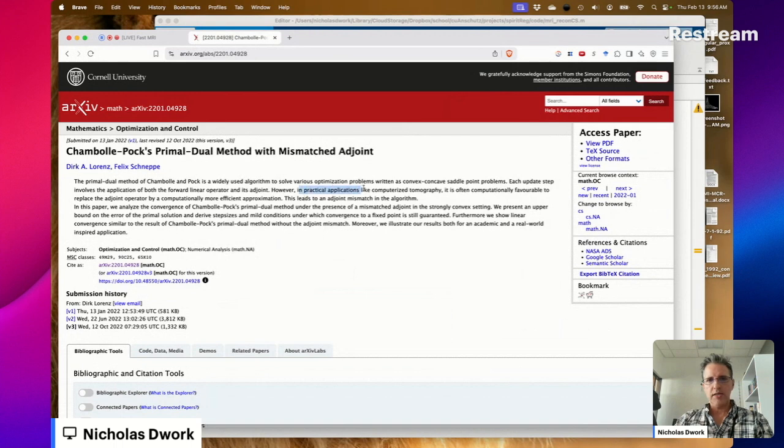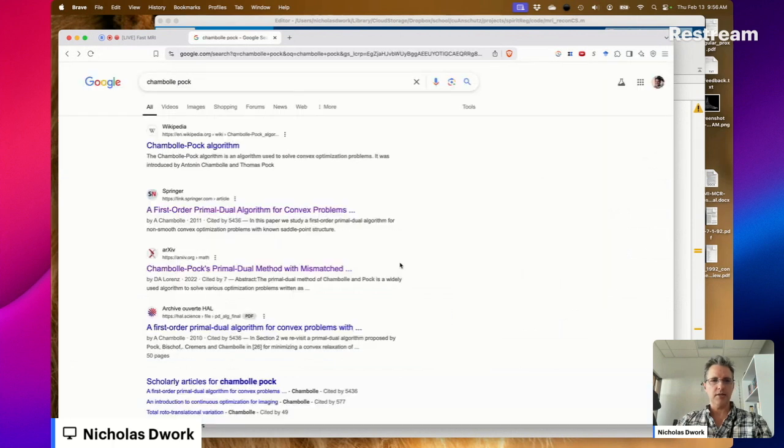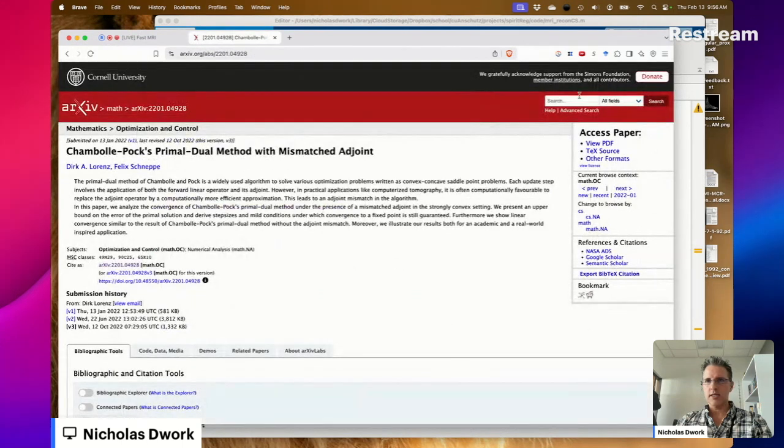In practical applications like computerized tomography, it's often computationally favorable to replace the adjoint by a computationally more efficient approximation. This leads to an adjoint mismatch. That looks like an interesting paper. I guess I'll send that to myself.